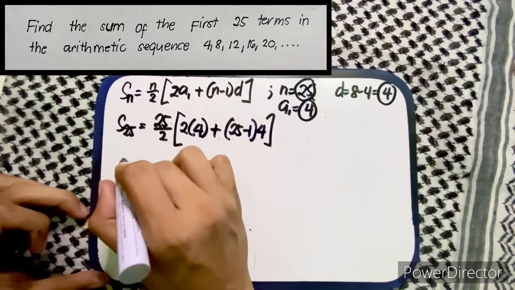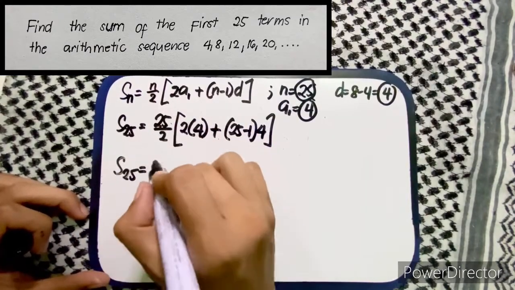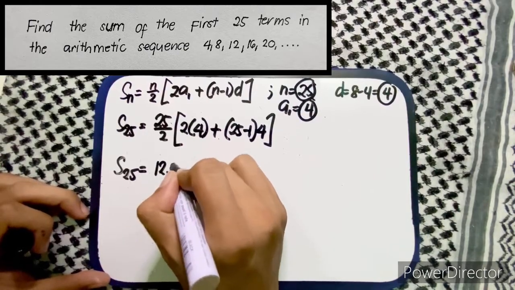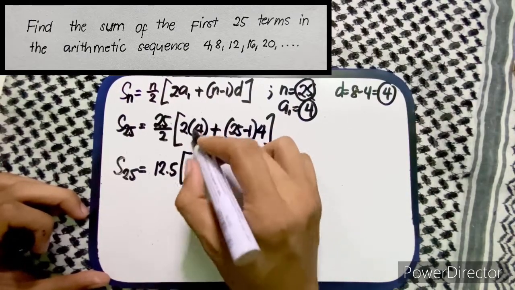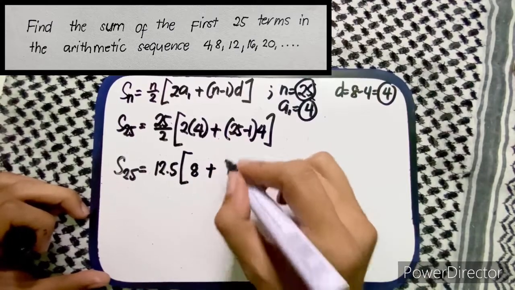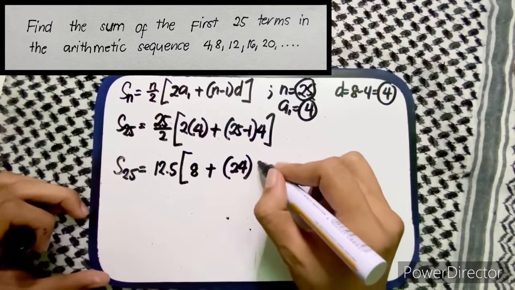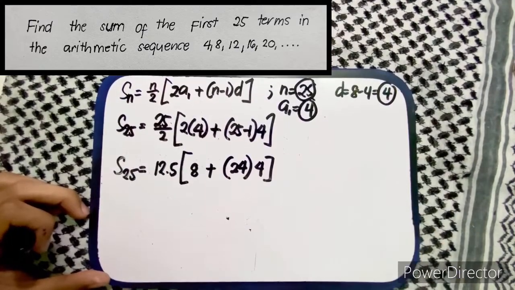Next, S sub 25 is 25 over 2, which is 12.5, times the quantity 2 times 4, which is 8, plus 25 minus 1, which is 24, multiplied by 4.